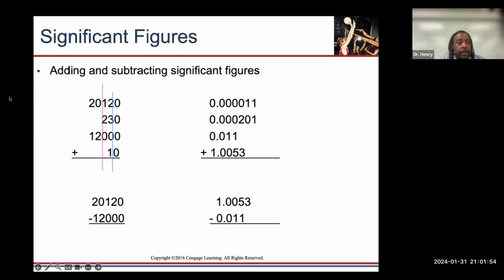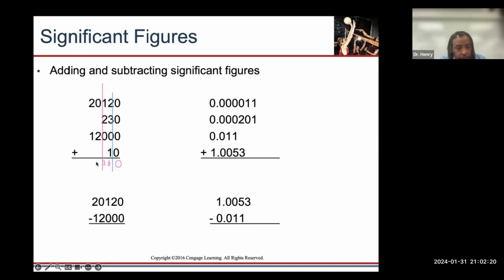So then if we go ahead and add this up, this is going to be 0. So that's going to be a 6. That's going to be a 3.